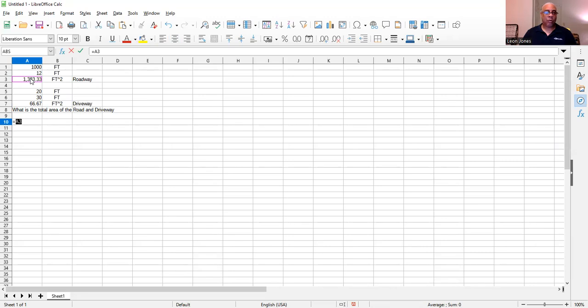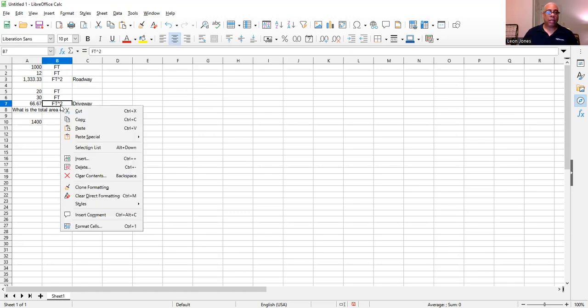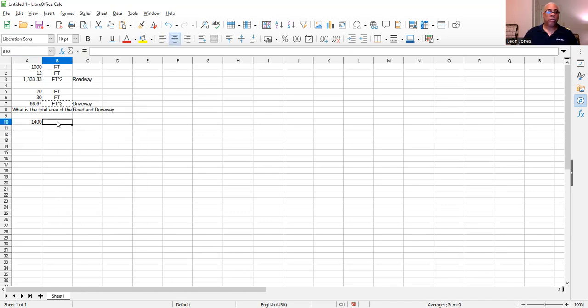I'm going to take the first area, take the second area, add it together, and what do I get? I get a total of 1,400 square feet.